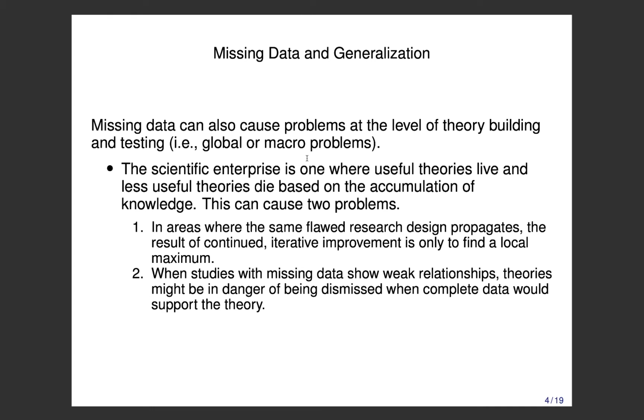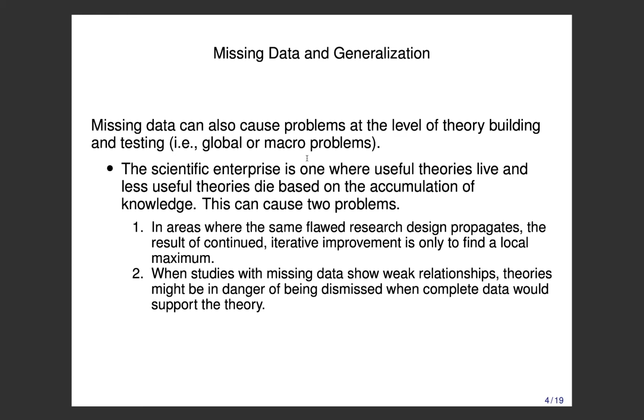Okay, I want to drill down on a couple of these ideas. Missing data not only causes statistical problems, it can also cause problems at the level of theory building and testing. So if science is an enterprise where useful theories live and unuseful theories die based on an accumulation of knowledge, then this can cause two problems.